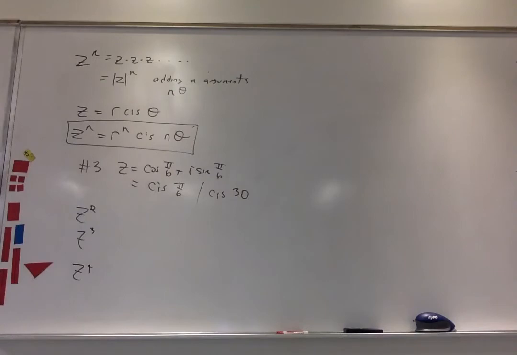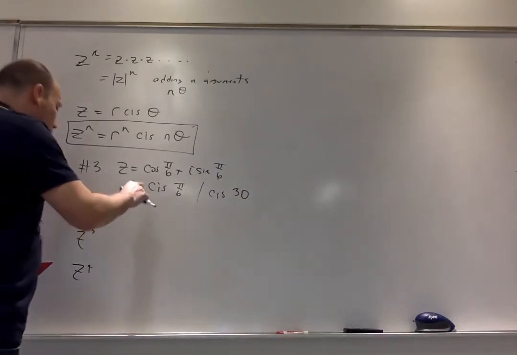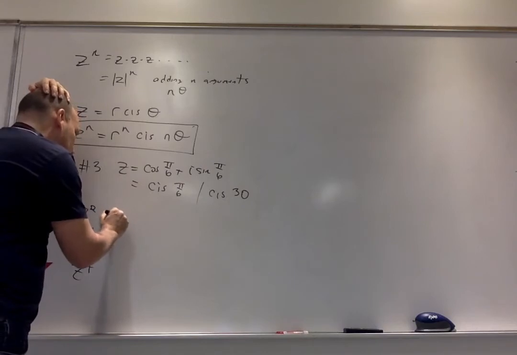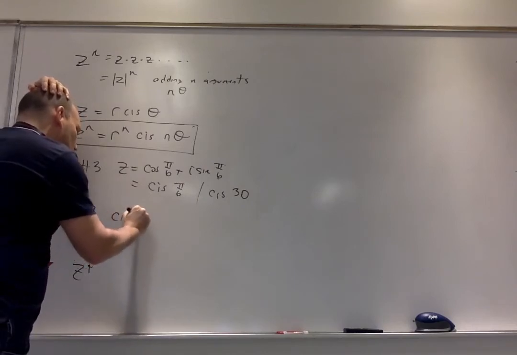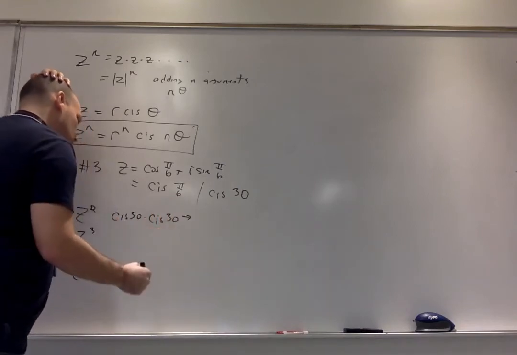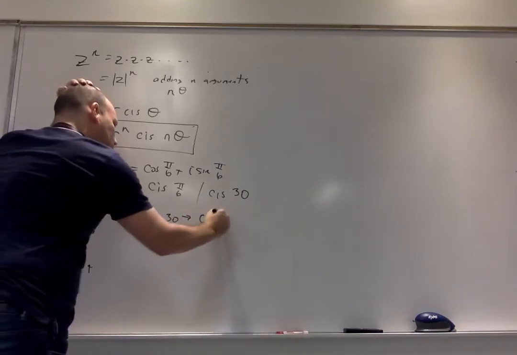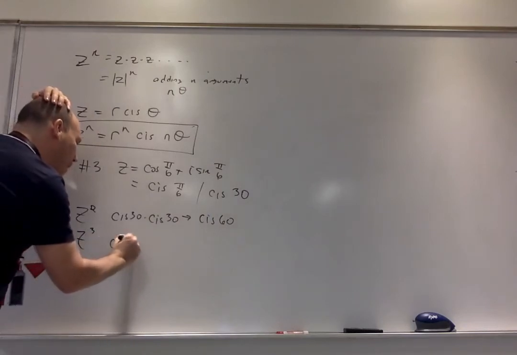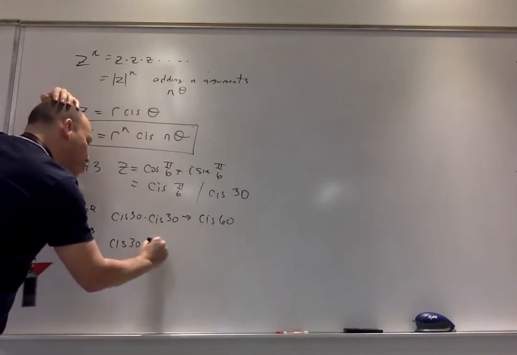Well, we know that we're multiplying. With z squared, we're taking cis 30 and multiplying by cis 30 again. Well, what's that? That's cis 60. To the 3rd power, they're telling us to multiply two rotations of 30.